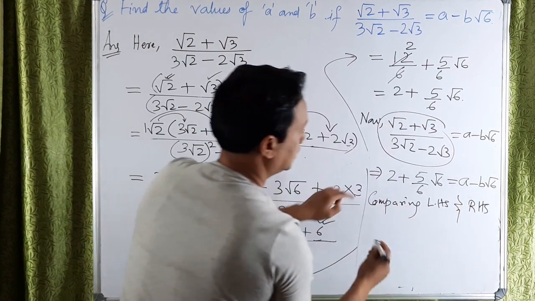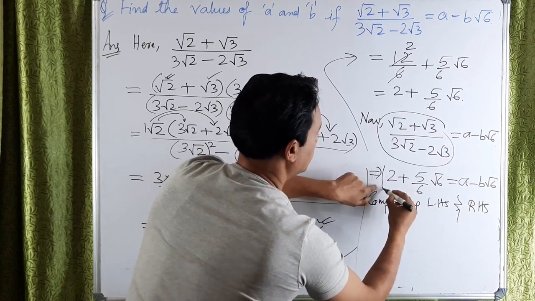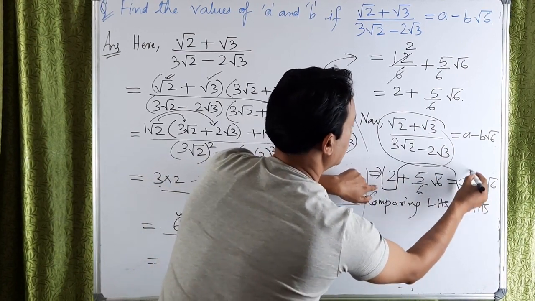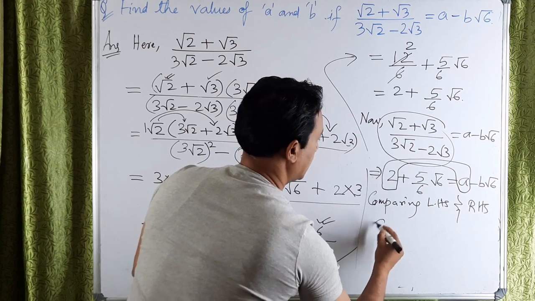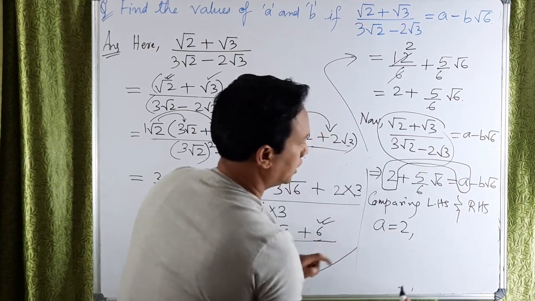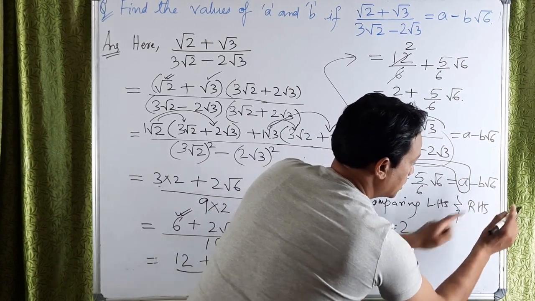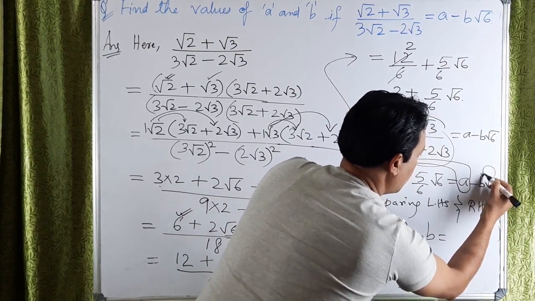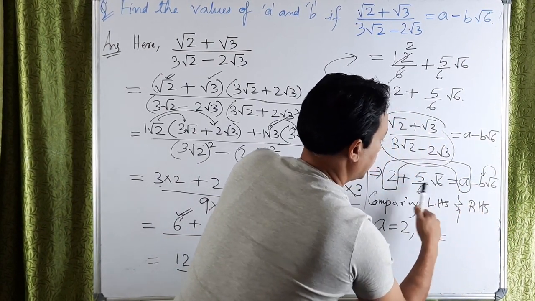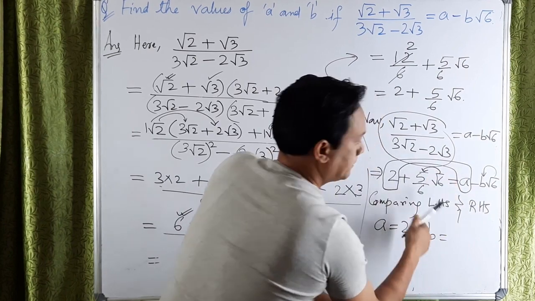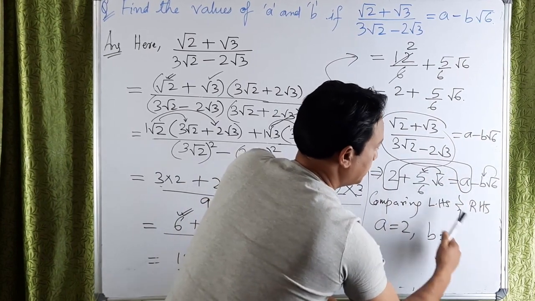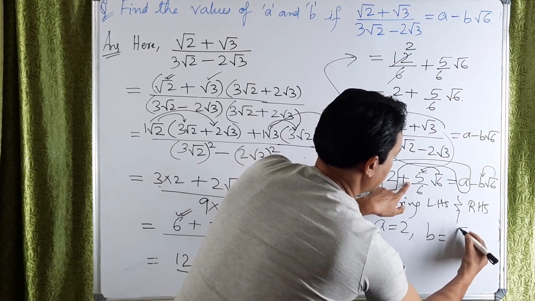What do we see? This number here, this will be this one. So we will say a will be 2. And where is b in the right hand side? B is the number in front of root 6. Here we have 5 by 6.